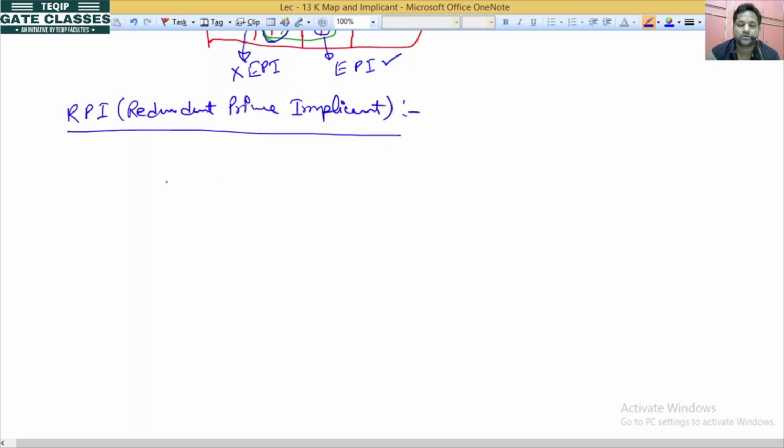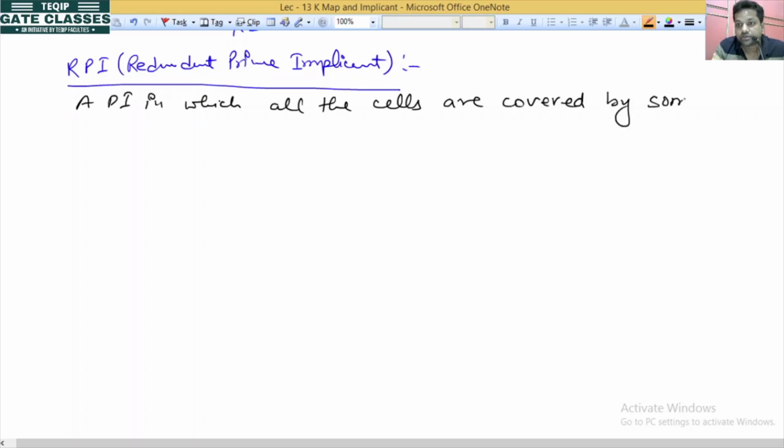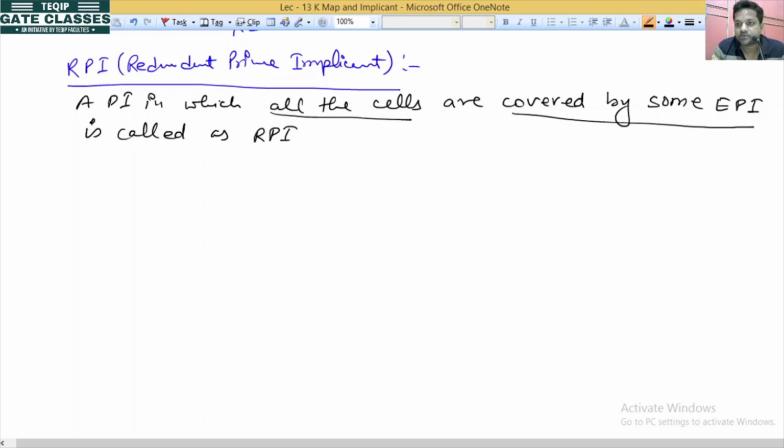A PI in which all the cells are covered by some EPI is called an RPI. So a PI in which all the cells are covered by some EPI is called an RPI.